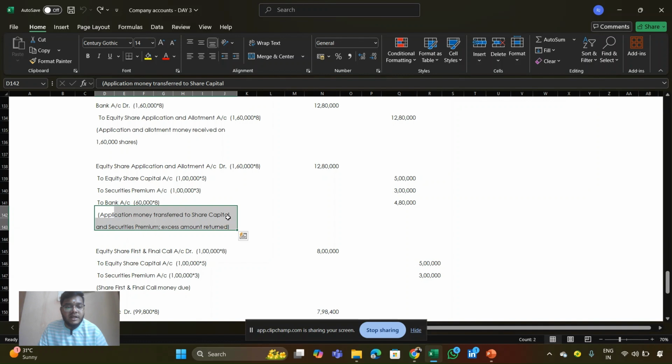So application money is transferred to share capital and securities premium, and excess money is returned.